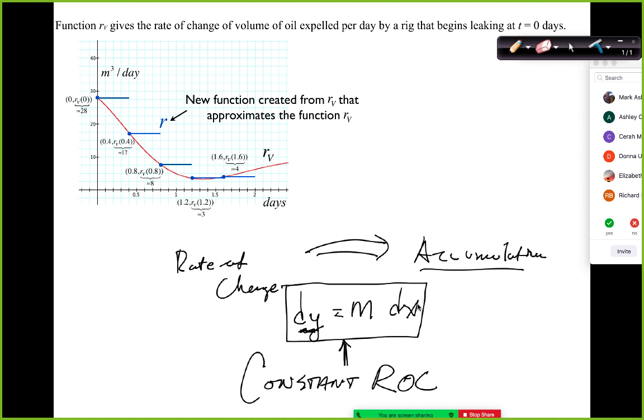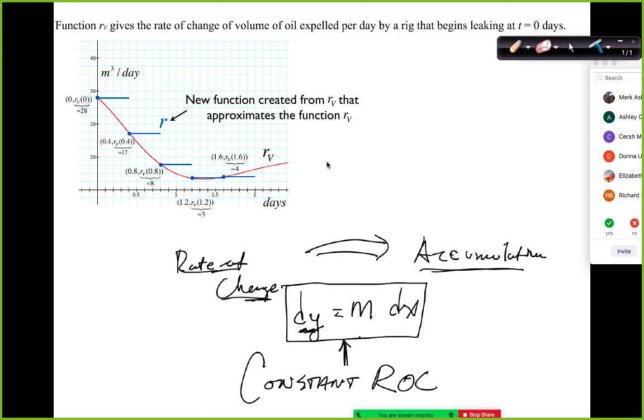The mathematics that we have to get from rate to accumulation is the mathematics of constant rate of change. In these moments, that's what this new function has for us. It has constant rate of change. So we can use our mathematics of constant rate of change to start piecing together an accumulation of the amount that we couldn't do if the rate is continually changing.